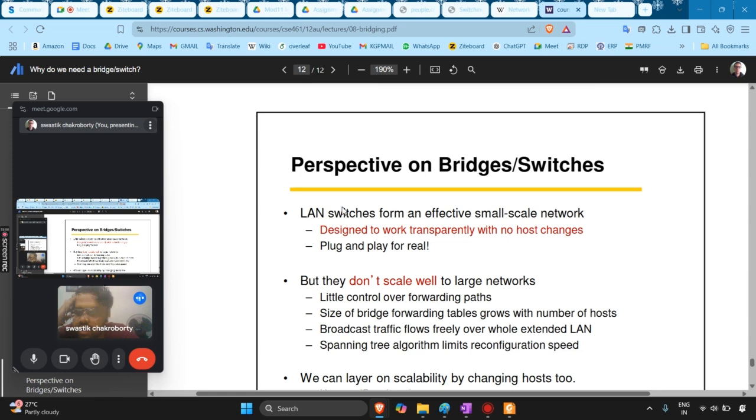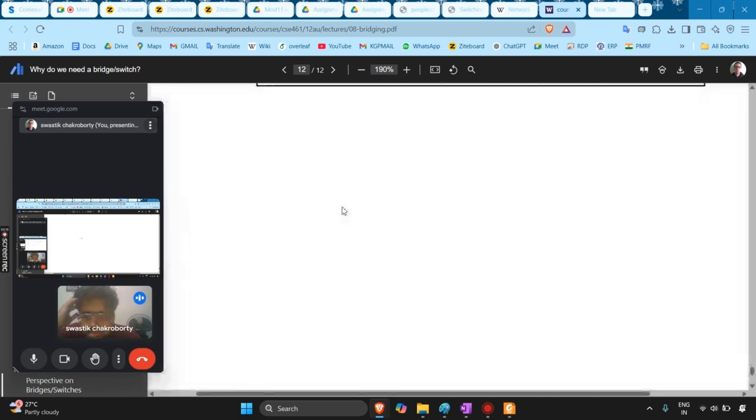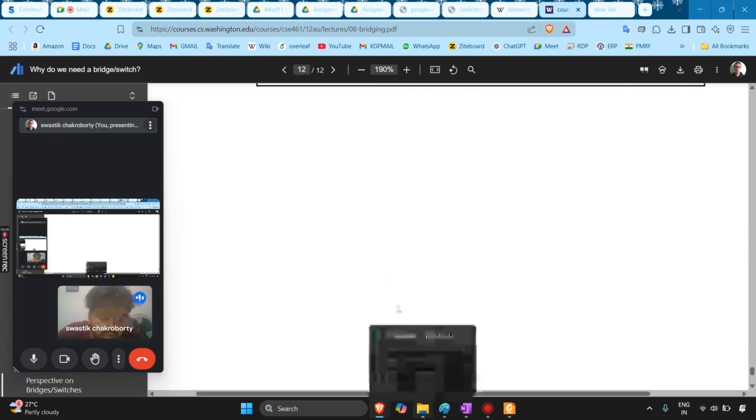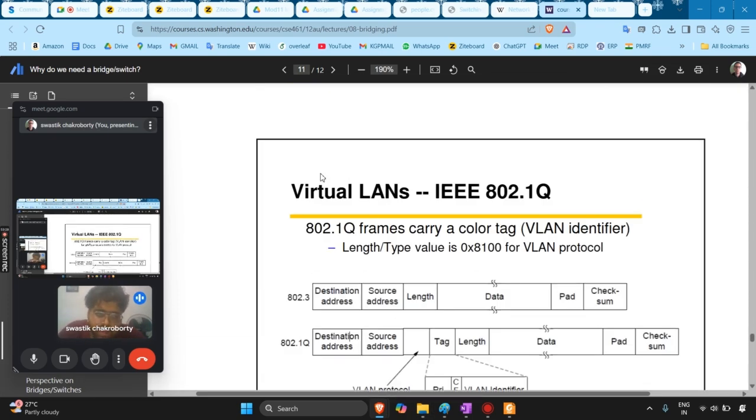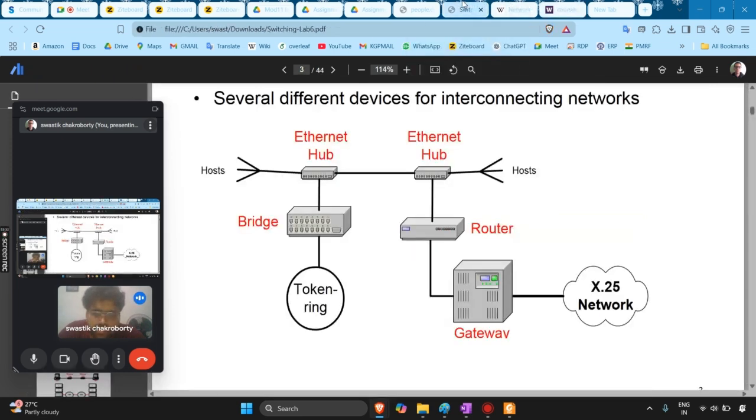Also, the spanning tree algorithm is an expensive algorithm, so running it also limits the reconfiguration speed. If the environment is changing, then the network needs to get reconfigured, but that is limited by the spanning tree algorithm, which is costly to implement.